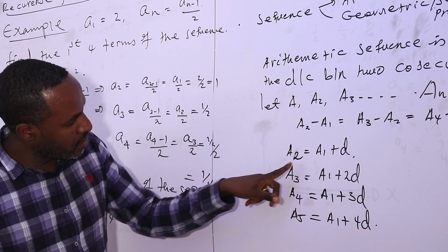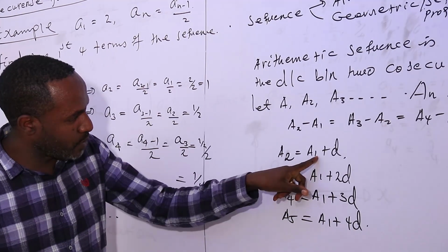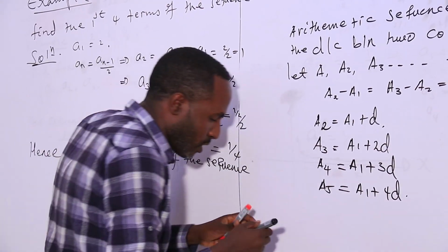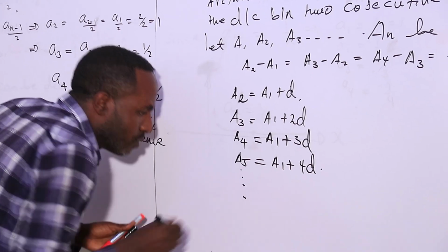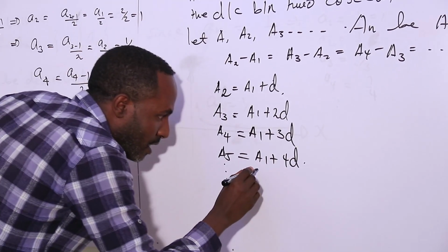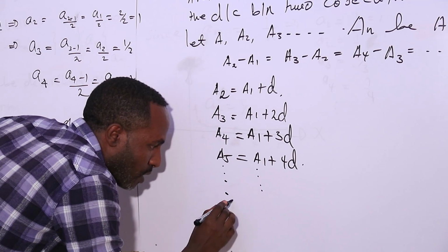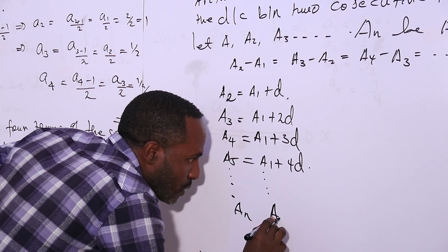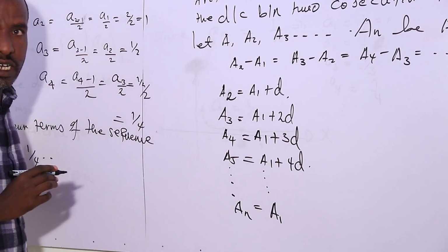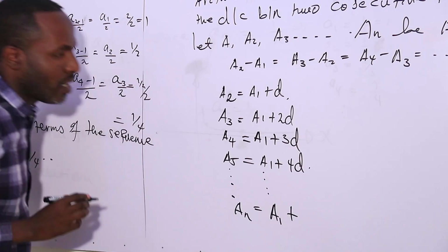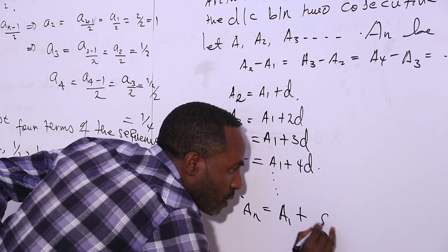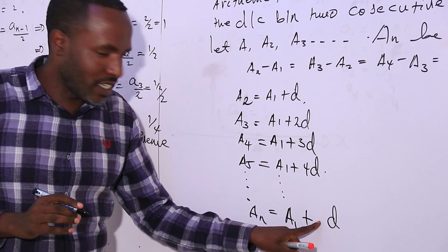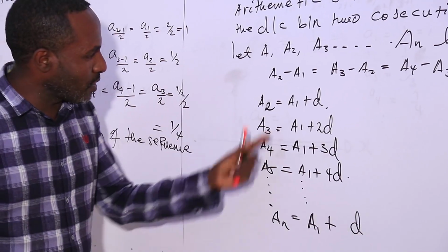Actually, from this part, there is a constant D. If you continue in such a way, we have to have the value A_n as equal to A1 plus some constant number times the common difference D. But what will be the number here is that we must observe the sequences here.